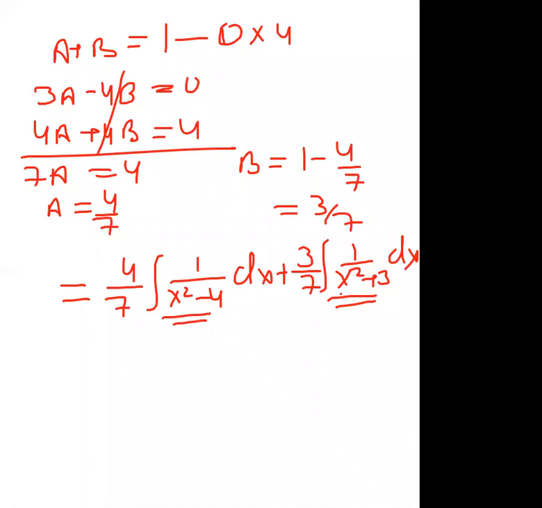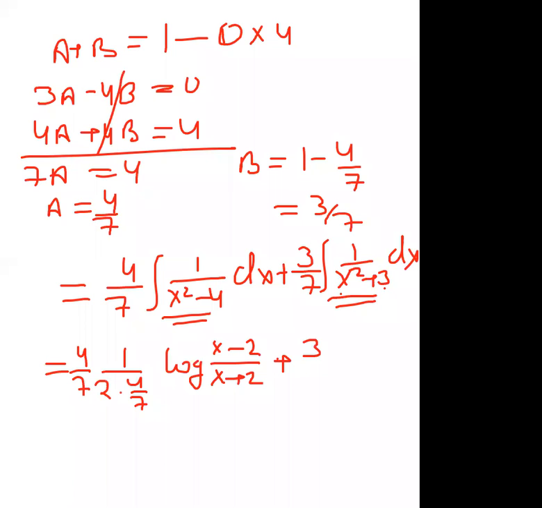So the first identity is for 1 upon x square minus a square. 4 by 7 will be as it is, times 1 upon 2a, which gives 4 by 7 log of x minus a upon x plus a, with a equal to 2.